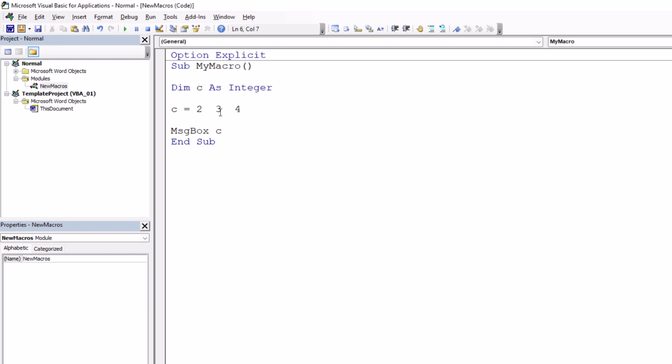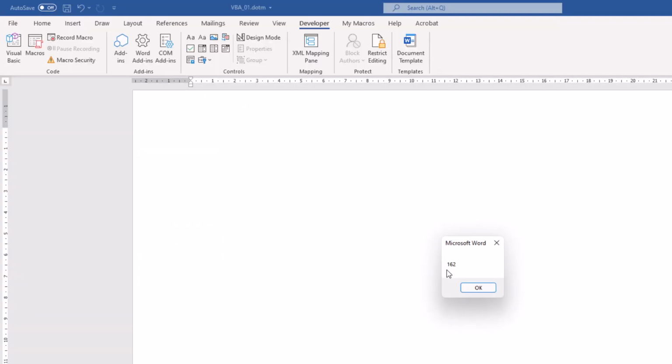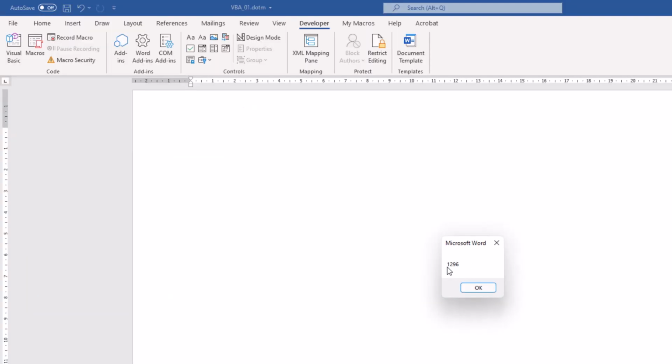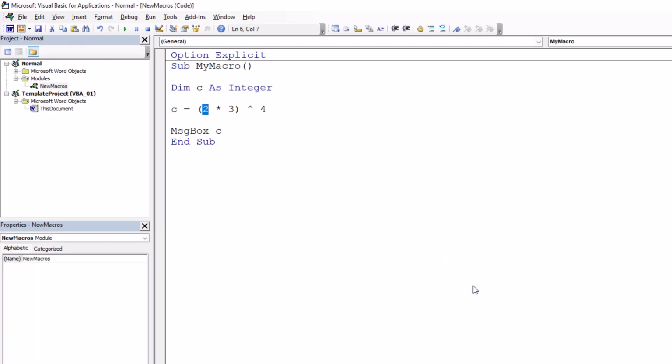So if I again set 2 by 3 power of 4, it will calculate this one first and then multiply by 2. The result is 162. But if I use parentheses here, first it will get 2 by 3 and then power of 4, which is 1296. So don't get confused about priorities, and always pay attention to them.